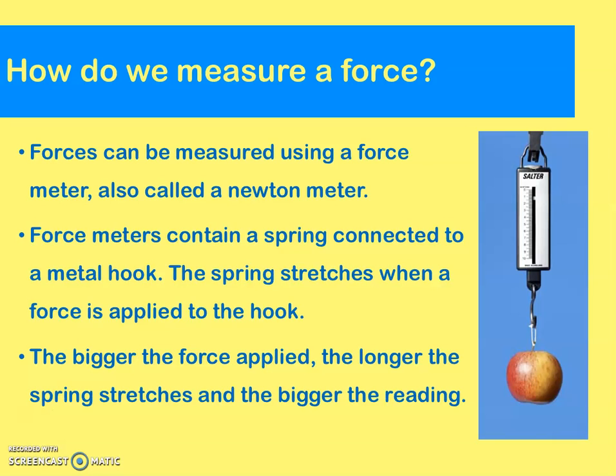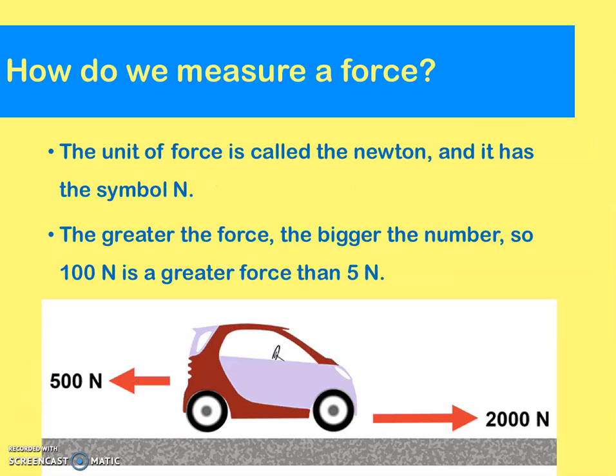If we were to pull that, we would see that we could get a bigger reading depending on how big the force was. We use a unit called newtons to measure our forces, and we use the symbol N when we are writing it. So for example, on the bottom of the picture you'll see a car and you'll see two numbers. So the first one is 500 newtons.